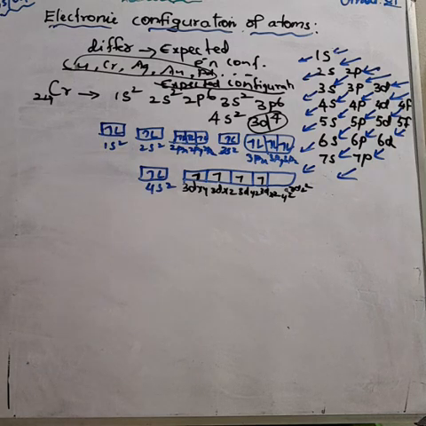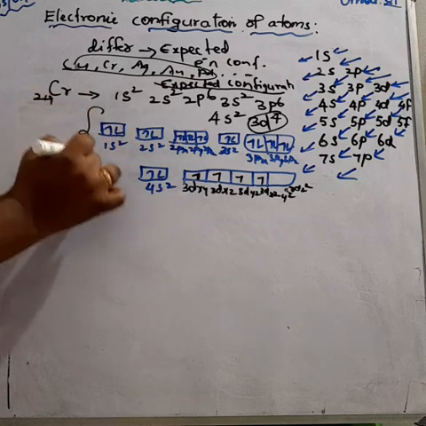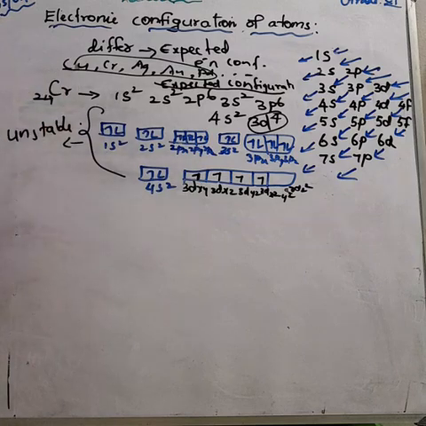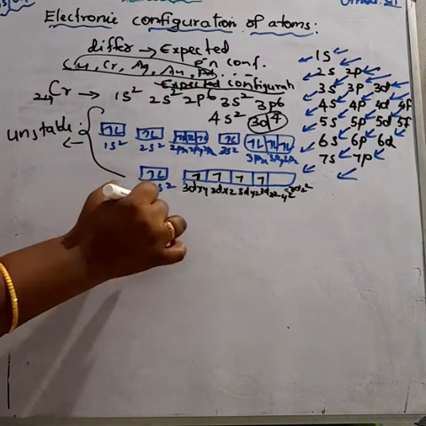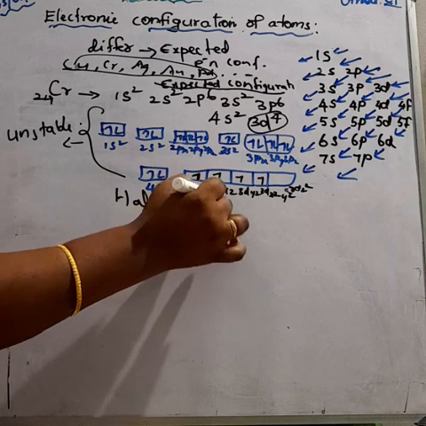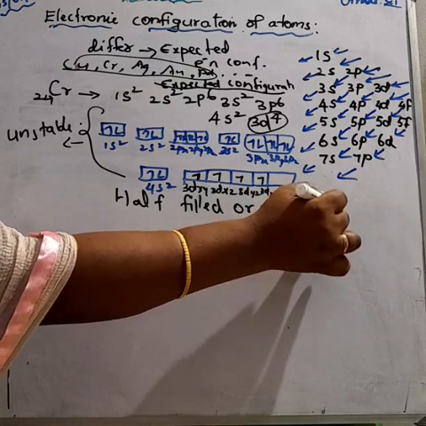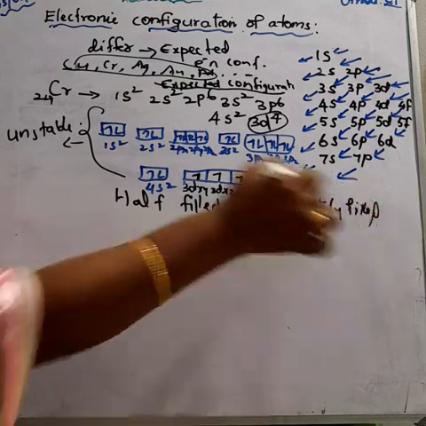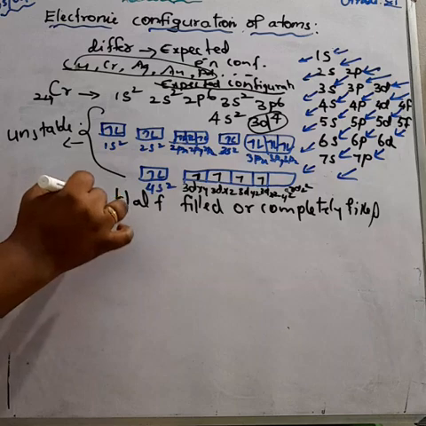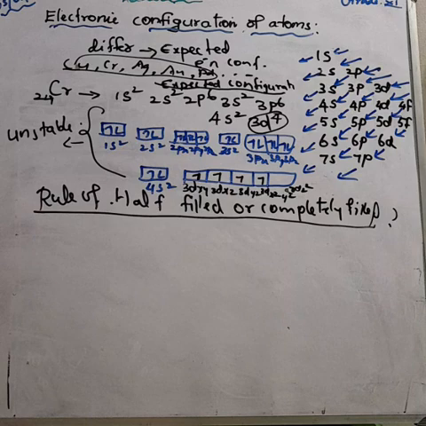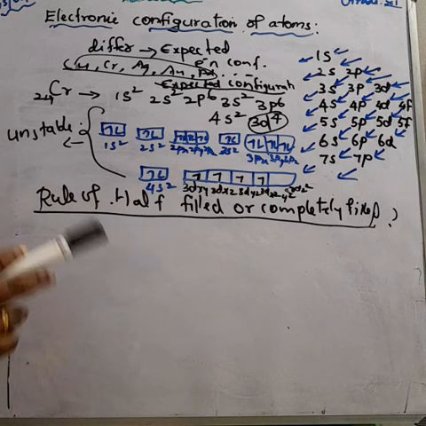But it is not stable. Why is it not stable? It is explained by the rule of half-filled or completely filled orbitals. What does this rule say? The orbitals tend to become half-filled or completely filled, since such orbitals are more stable than other orbitals.